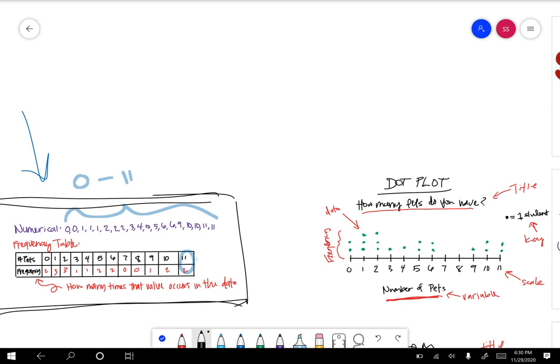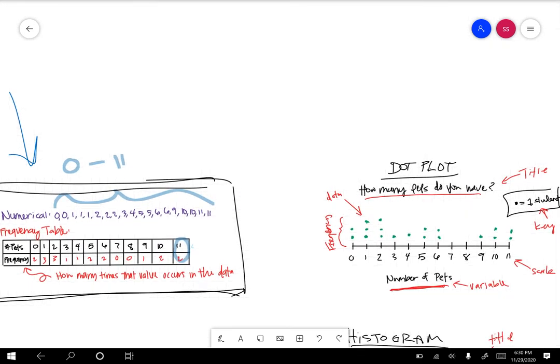And I would know that because of this information right here, I would know that there's 2 dots above 0, so that means that 2 students have 0 pets, right? So the goal is to be as detailed as possible so that anyone could look at your graph and be able to tell what the information is showing us, okay?